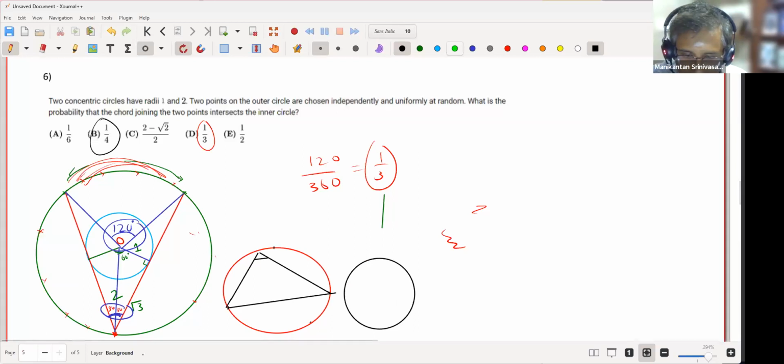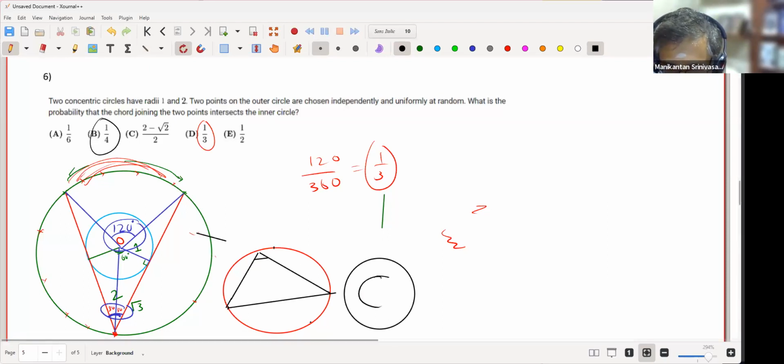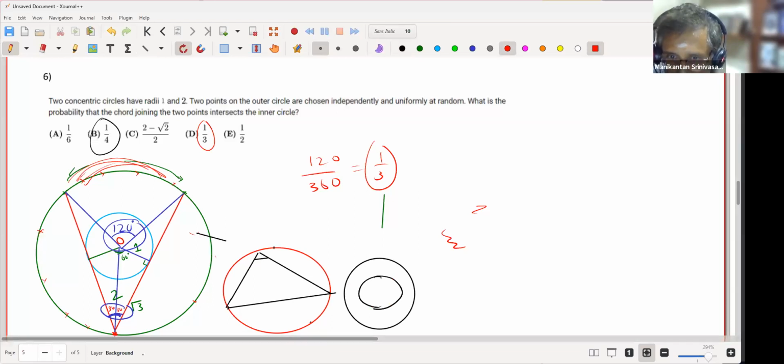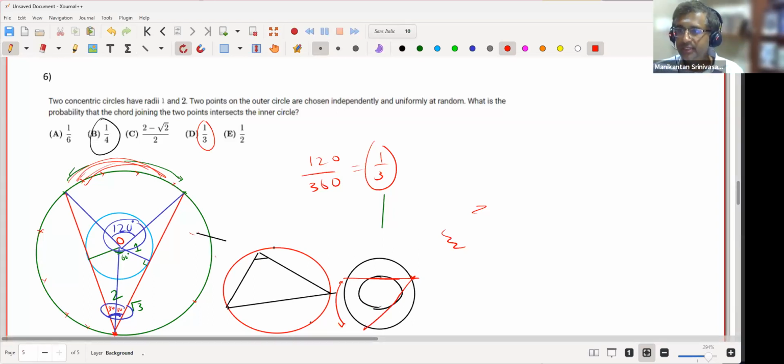If I select the first point here, this stretch from here to here will again be 120 for the same reason. I just have to tilt my face. That's why I said without loss of generality, I might as well assume a convenient location, the bottommost or topmost, anything.